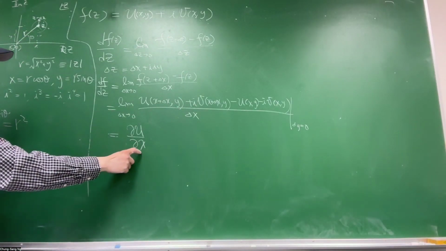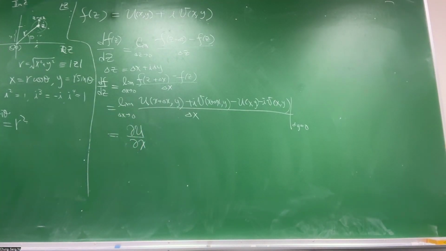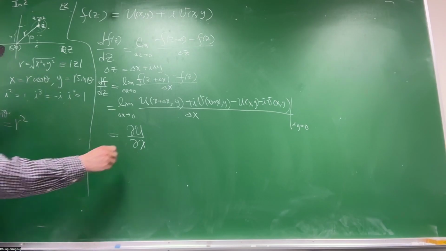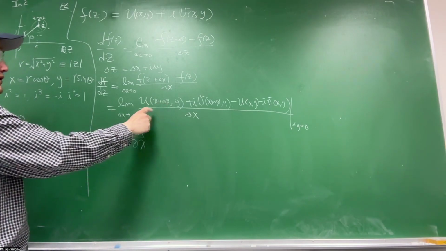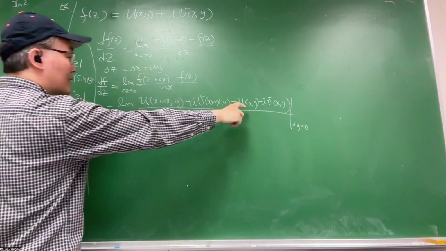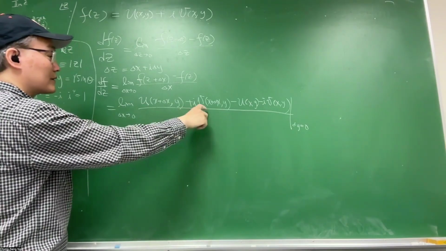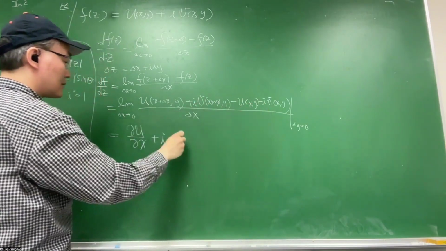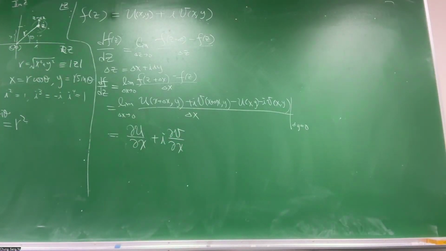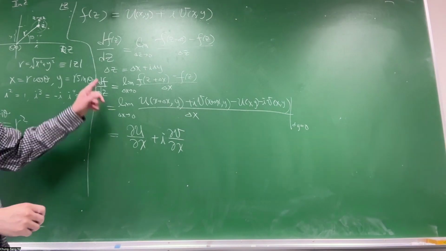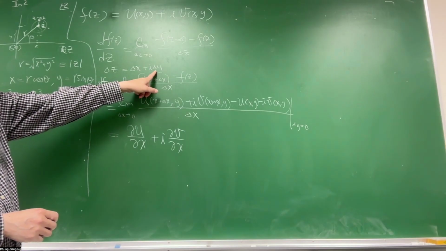Partial derivative with respect to x means that you keep y constant. Likewise, for partial derivative with respect to y, you keep x constant. So we can avoid all these subscripts. So the real part is partial u partial x, and the imaginary part is likewise, this minus that, so this is partial v partial x. That is approaching zero with delta y equals zero.